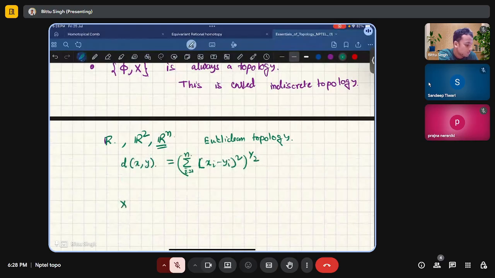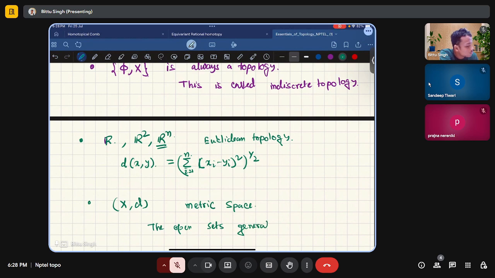Similarly, for any metric space, the open sets generate a topology.